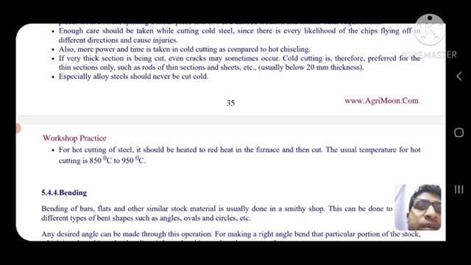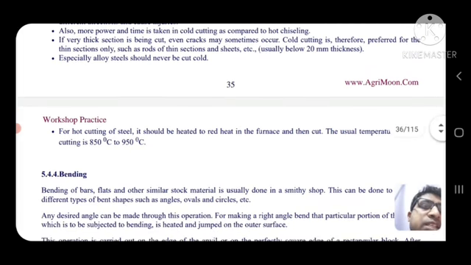Also, more power and time is taken in cold cutting as compared to hot chiseling. If a very thin section is being cut, even cracks may sometimes occur. Cold cutting is therefore preferred for thin sections only, such as rods of thin section and sheet, etc. Especially alloy steels should never be cut cold.